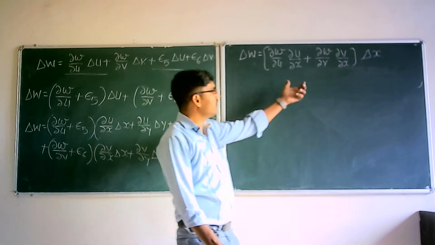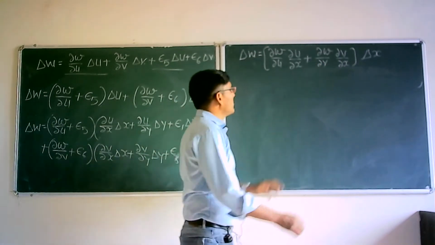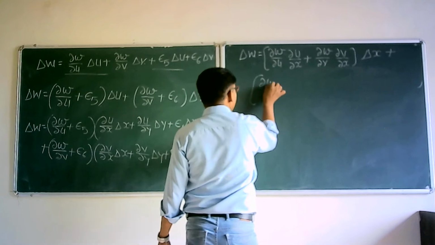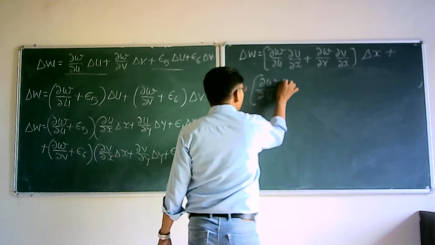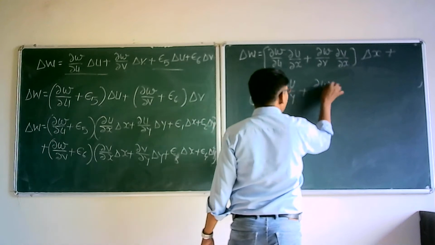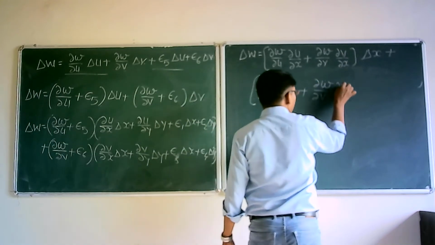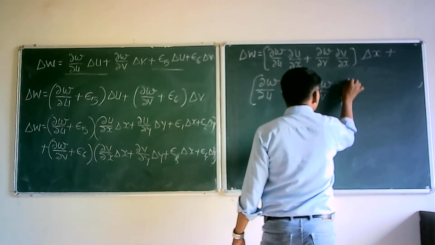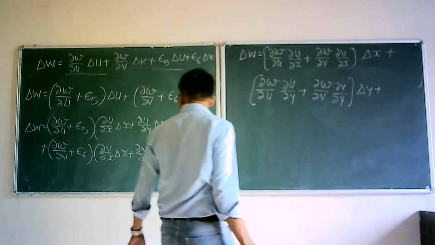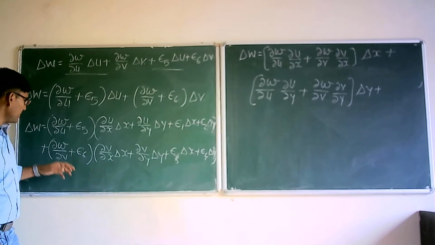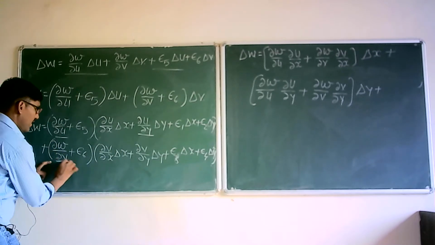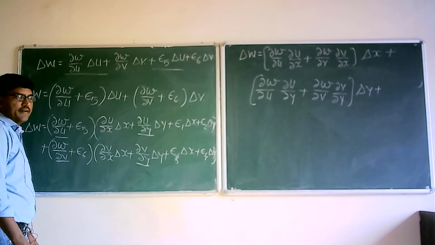So we are writing the terms containing delta x in one bracket, into delta x, plus delta w by delta u, delta u by delta y, plus delta w by delta v, delta v by delta y, into delta y. That is the terms containing delta y.